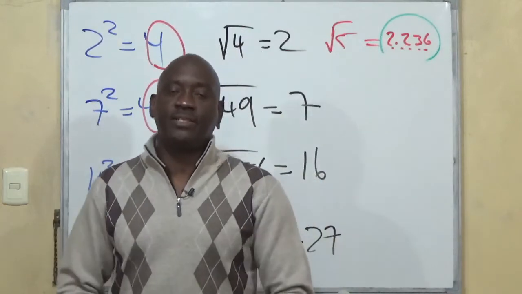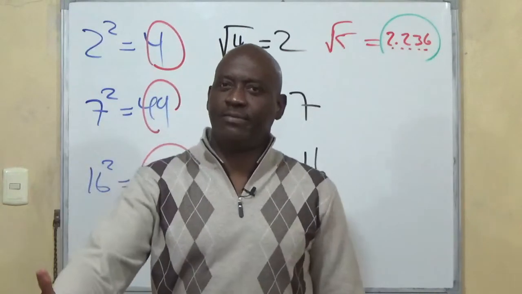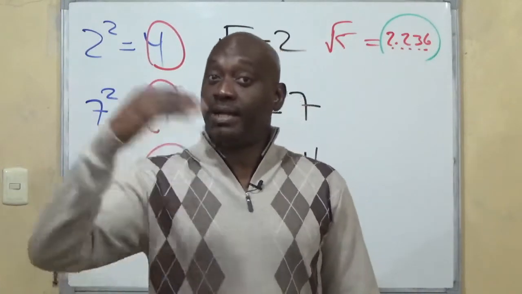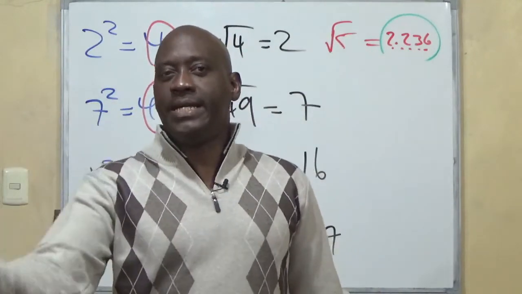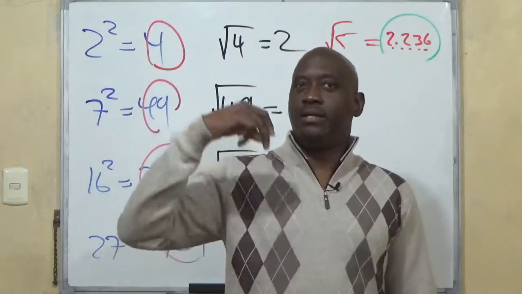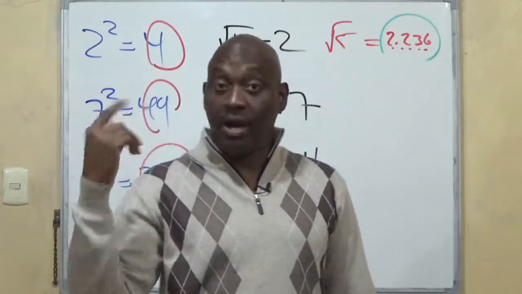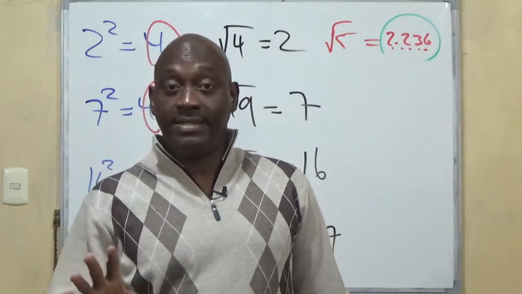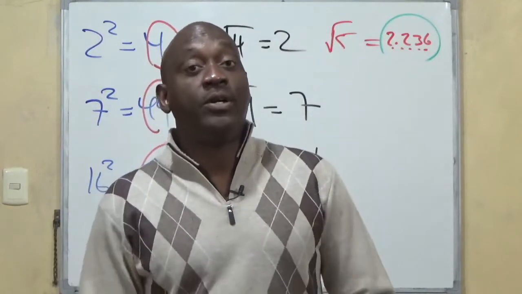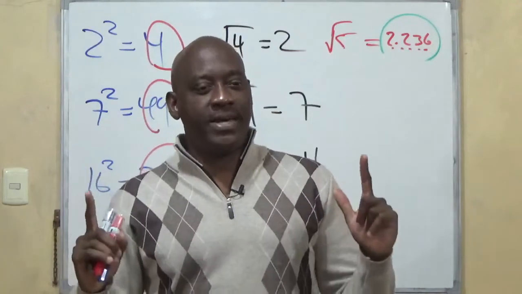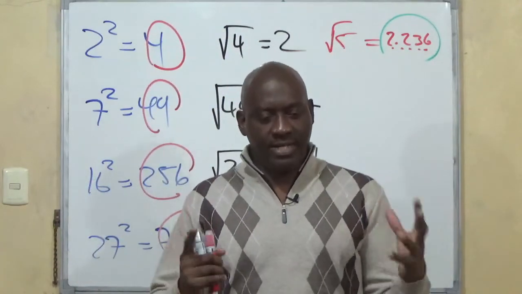The next after 16 is 25, and then 36, 49, 64, 81, and then 100. That is 10 squared. 121, 144. Those are the 12 perfect squares that most students would generally learn.